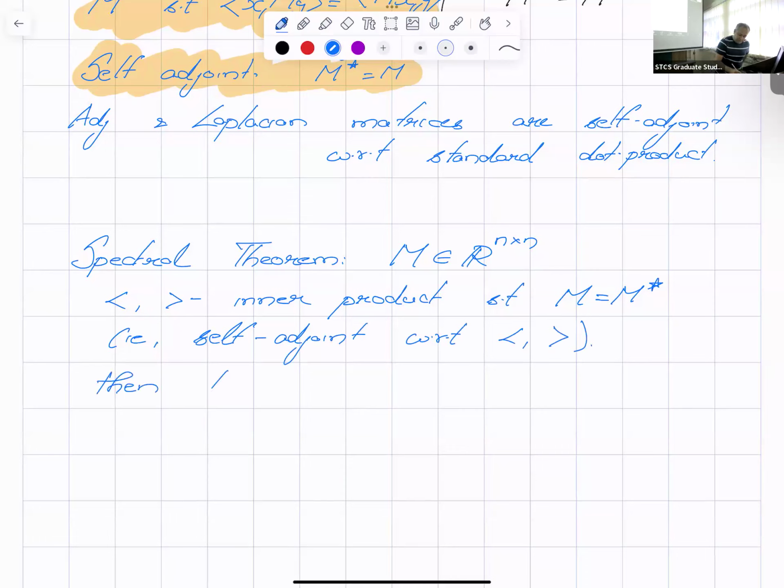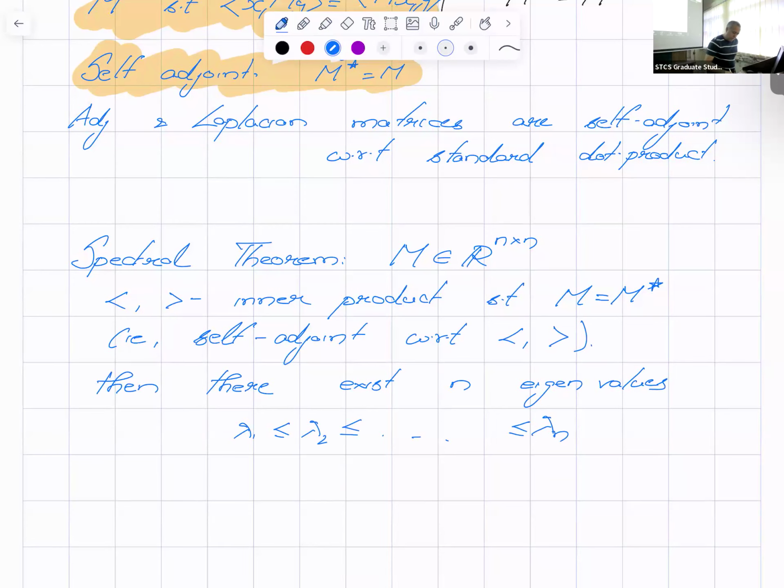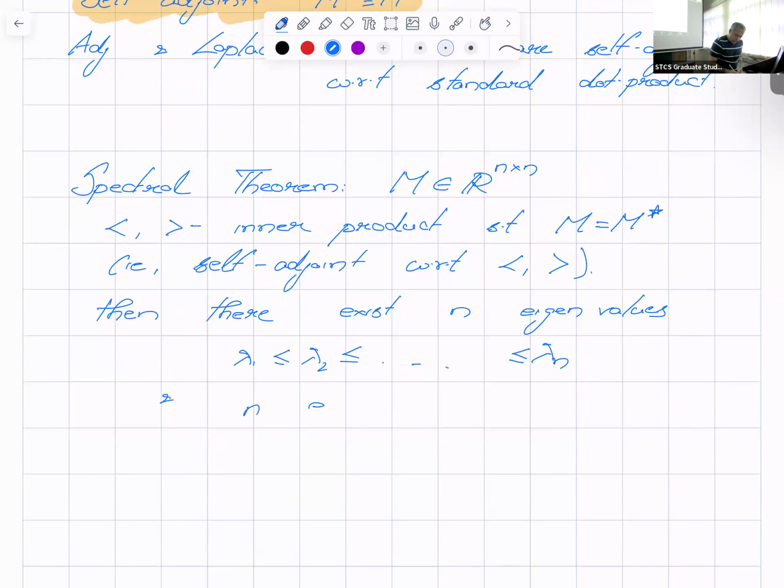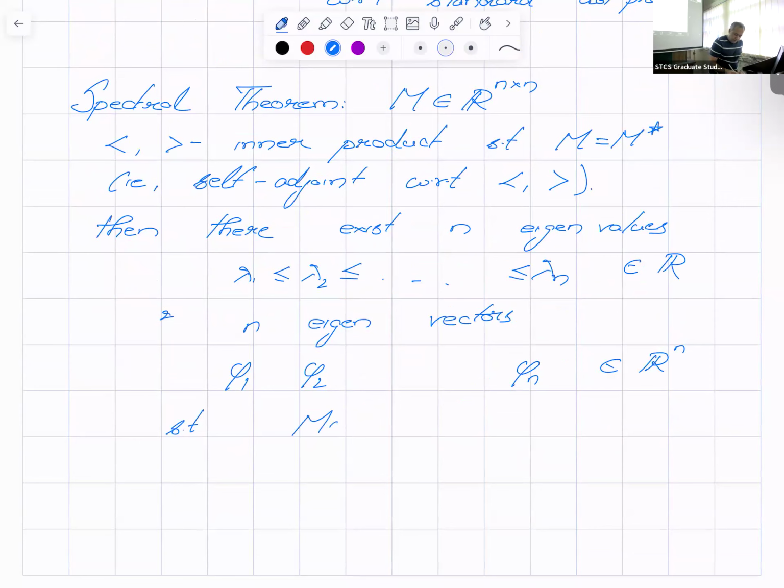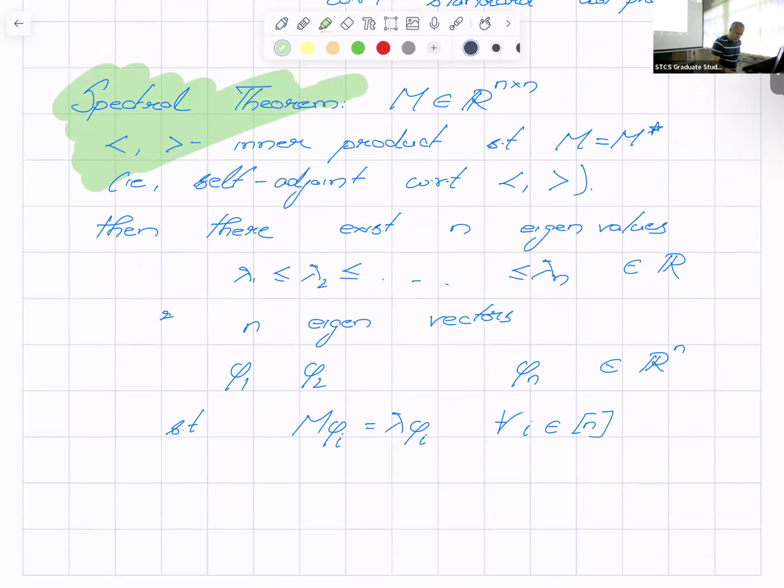Then there exist n eigenvalues, lambda 1 less than or equal to lambda 2 less than or equal to all the way up to lambda n, in fact real-valued eigenvalues, and n eigenvectors phi 1, phi 2, up to phi n, belonging to R^n, such that M phi i is lambda i phi i for all i. I'm going to assume this without proof.